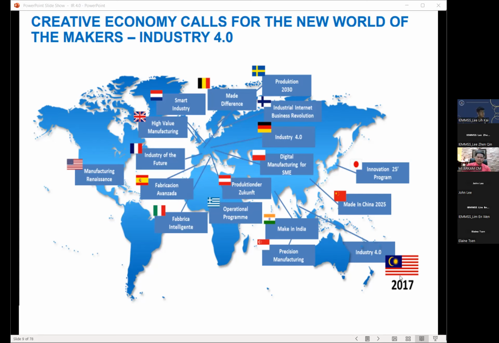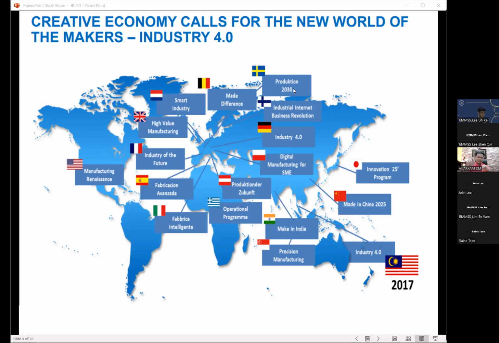For example, Sweden is talking about Production 2030. So the skeleton of IR 4.0 in Sweden has been rebranded into another vision, Production 2030 of Sweden. And the other terms in German are made different.